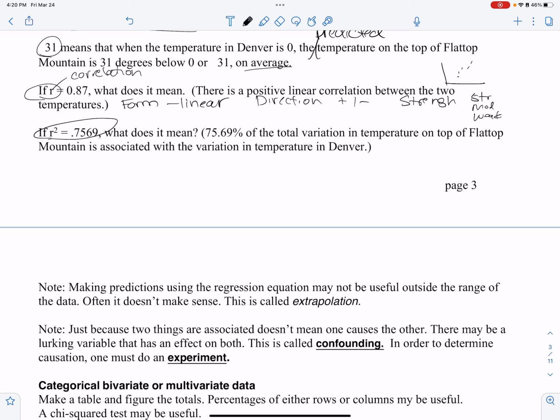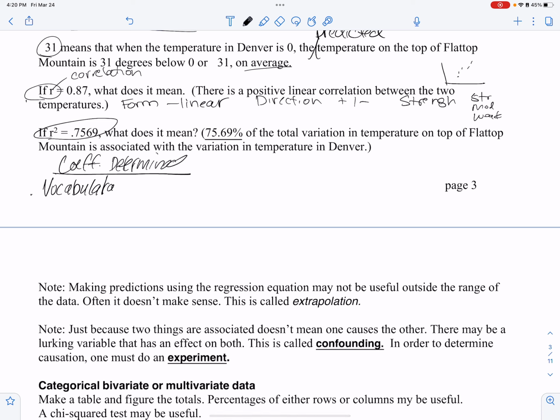R squared is my coefficient of determination. And this is the one that we did when we had the counselors that guessed people's IQ scores. Remember, it was the percent of improvement over the average. If you could please look on your calculator and your vocabulary, this is the coefficient of determination, R squared.